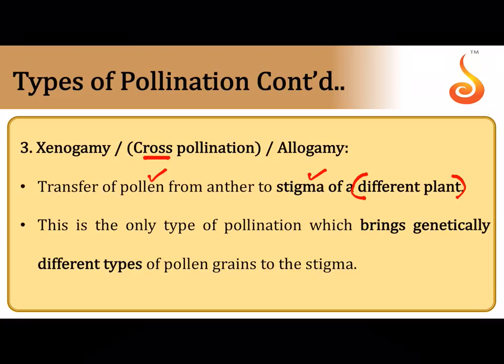But now, in cross-pollination or xenogamy, it is entirely different plant. Significance of xenogamy: it brings genetically different types of pollen grain. It is good for a population because it brings about variation in the population. Isn't it? Pollen is coming from a different plant. The stigma belongs to a different plant.